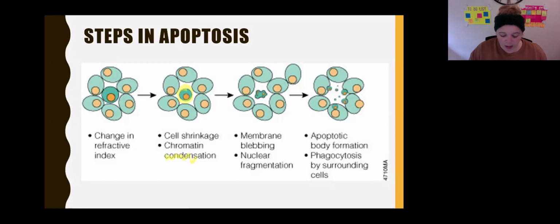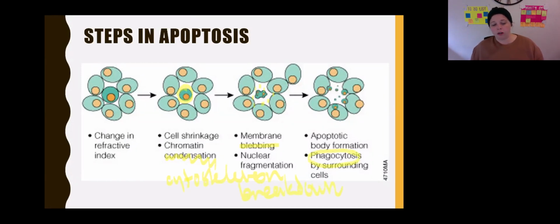You get a lot of condensation, you get the cytoskeleton breaking down. Then you end up with blebbing. The nucleus breaks down, all the organelles break down, and eventually you get phagocytosis by surrounding cells.